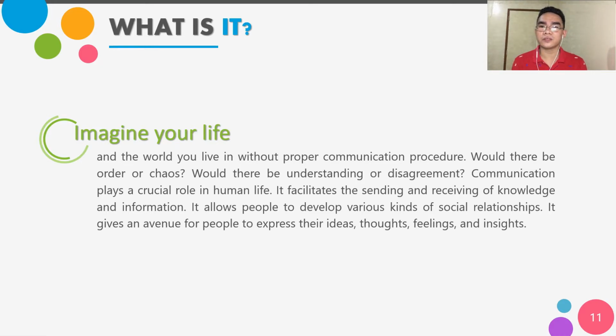Symbols: we are using alphabets to form words and sentences or even paragraphs, so we will be able to form a message. Behavior. Why behavior? Because we are using gestures, we are using movements or body language to express also a message to the one we are talking to, right?